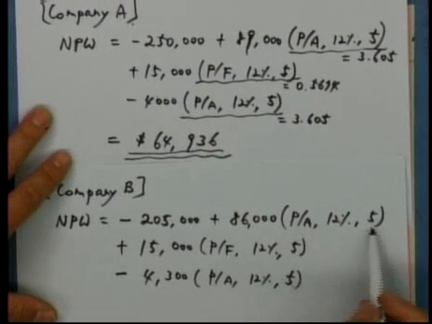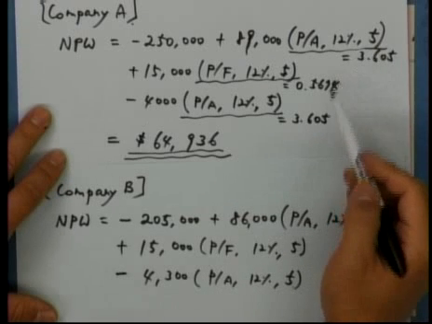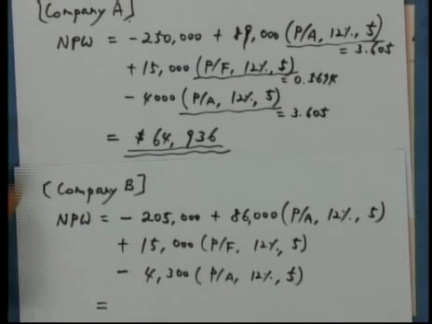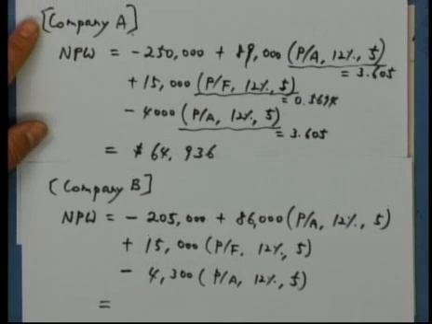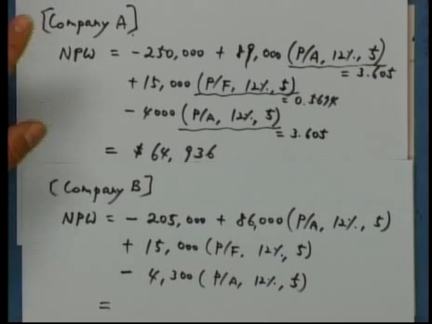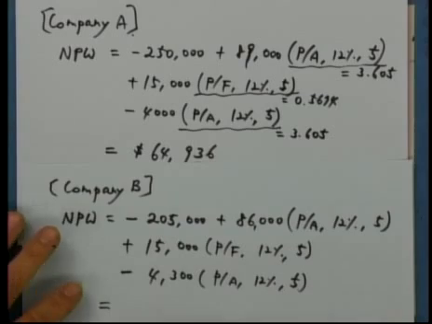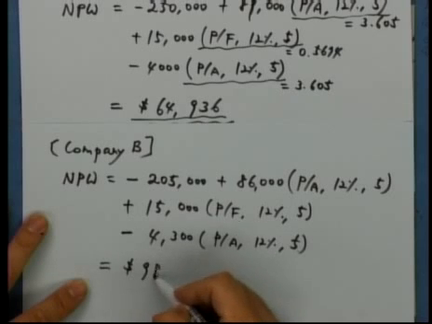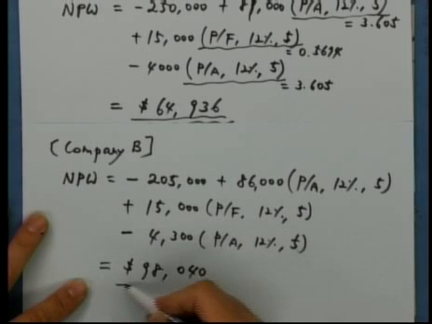So all these three factor values are identical, right? So how much is that, the net present worth? Okay, that's going to be $98,040.